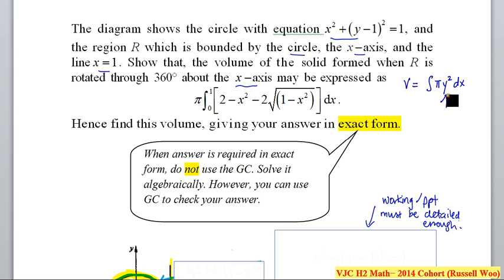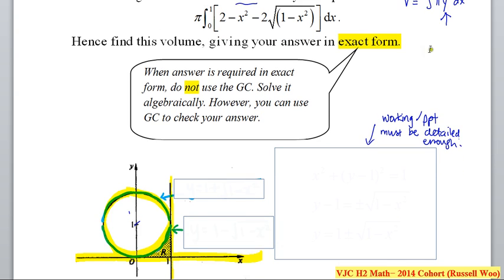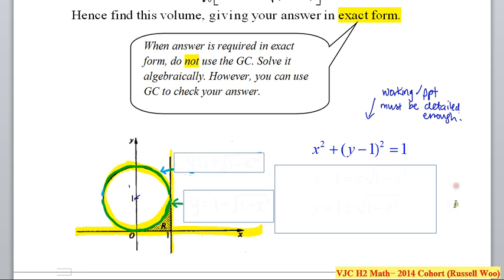So we want to find what is y. Now for the equation of the circle here, we need to get this y squared out, or maybe first make y the subject of the formula. So that's our first job here. Make y the subject of the formula from here.